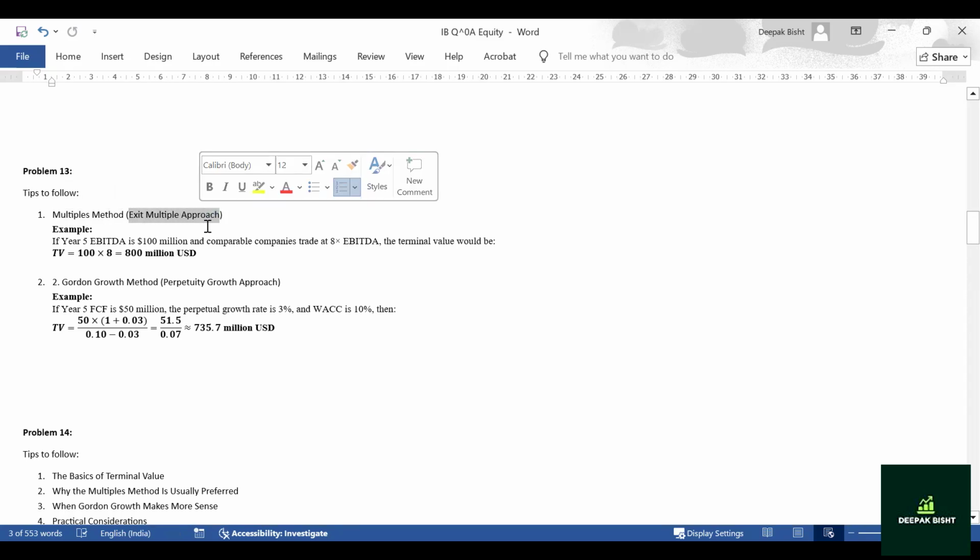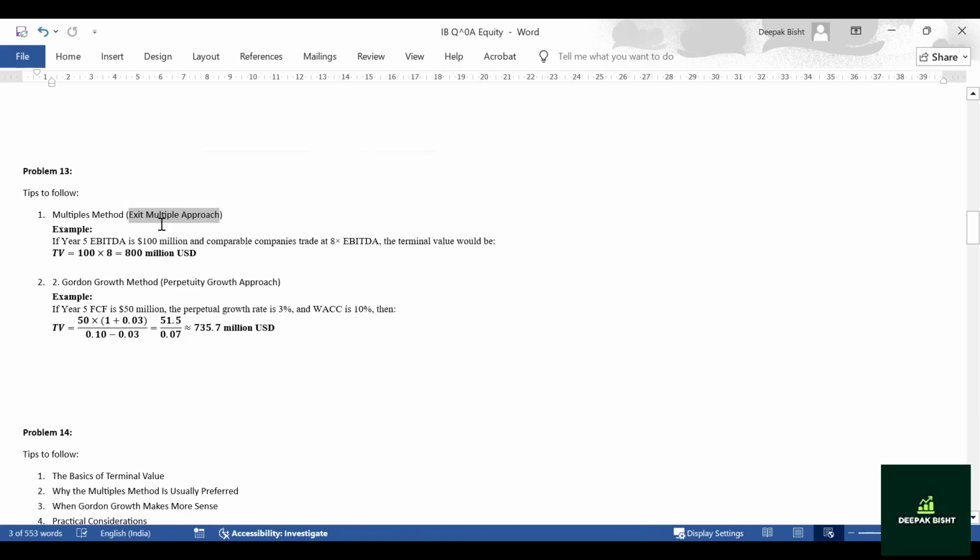This means that in this approach, we assume the company will be sold at the end of the projection period at a market-based multiple of financial metrics such as EBITDA, EBIT, or free cash flow, and we can obtain that data from the peer companies analysis. The key point here is that the exit multiple is derived by comparable company analysis or precedent transaction analysis.